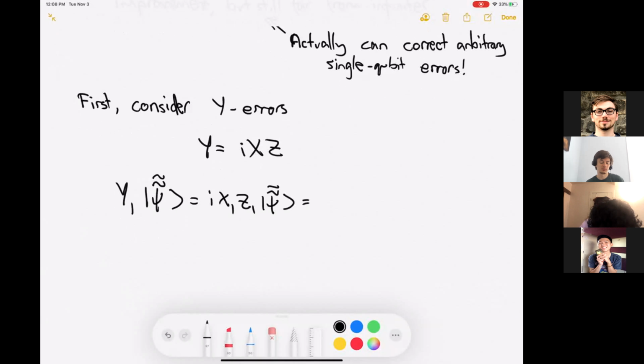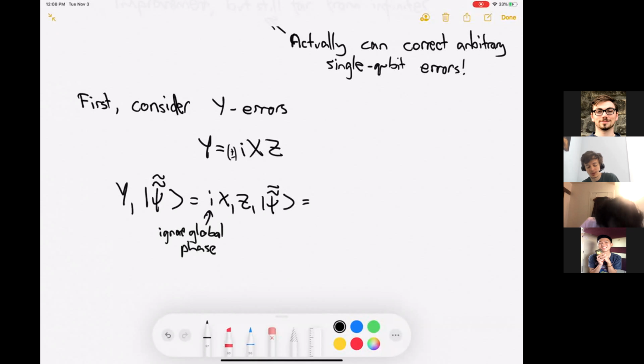The i we can just ignore. I'm not even sure it's right, possibly there's a plus or minus there, but I think it's plus i. Let's ignore it because we don't care about a global phase. So what does the Z1 do?